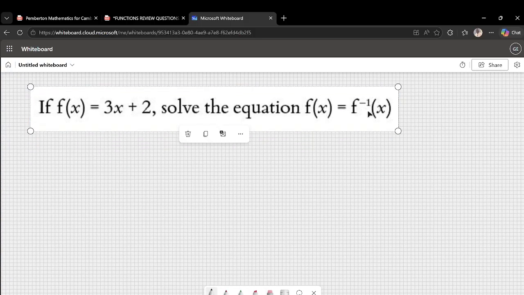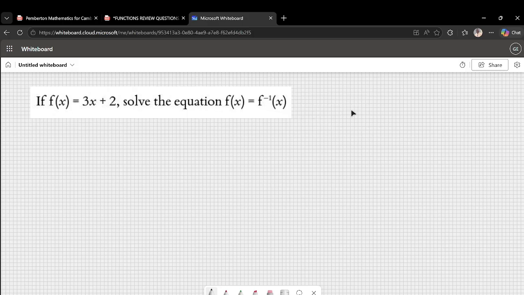Now look at this particular question here. They said that I should solve, let's say if f of x is 3x plus 2, solve the equation f of x equals the f inverse. So we want to find the inverse of f and equate it to f. First thing first, find the inverse.